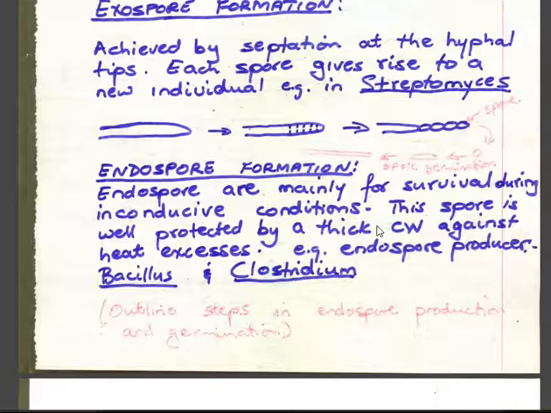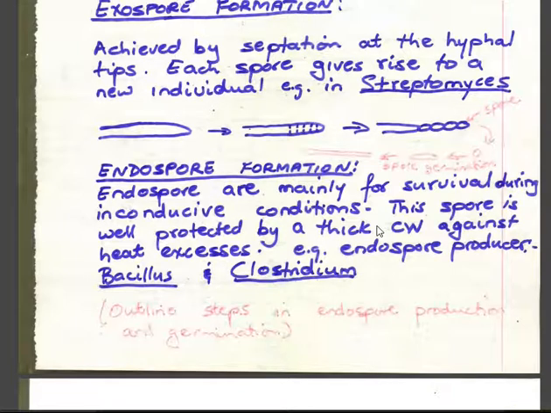What it does is it secretes a wall around a particular part of itself, and that part should have nucleic acid in it. And that hard spore is going to last for a very long time.